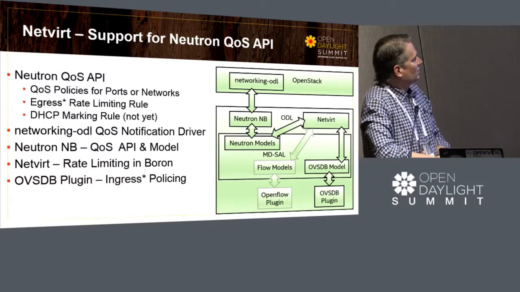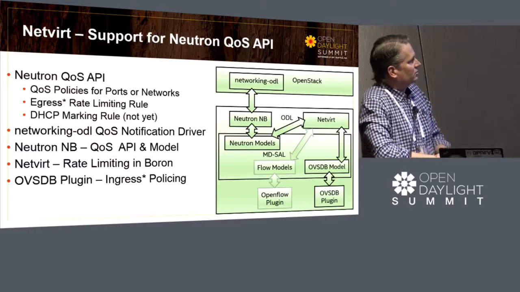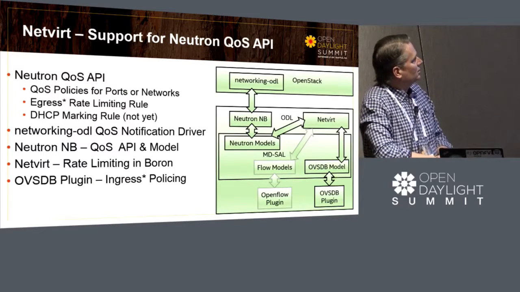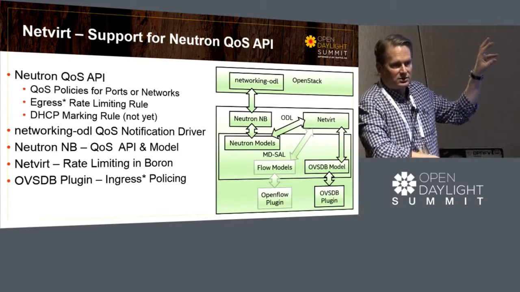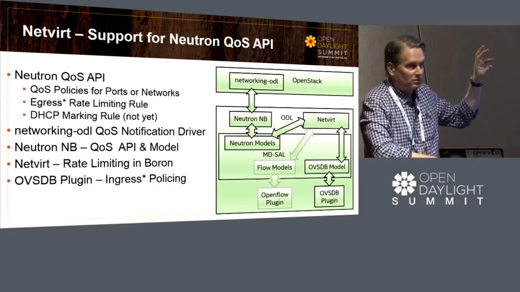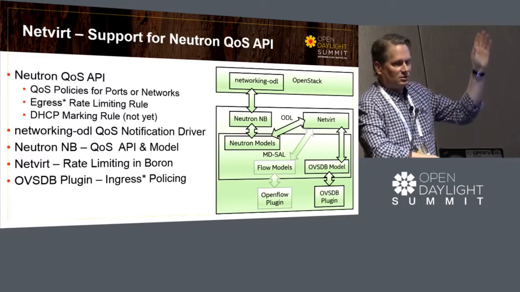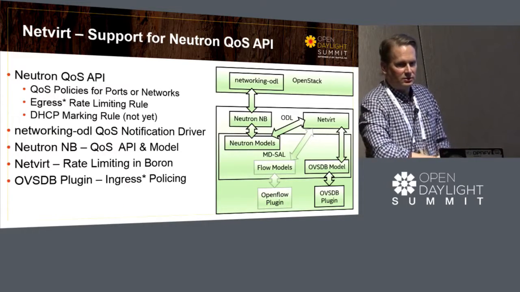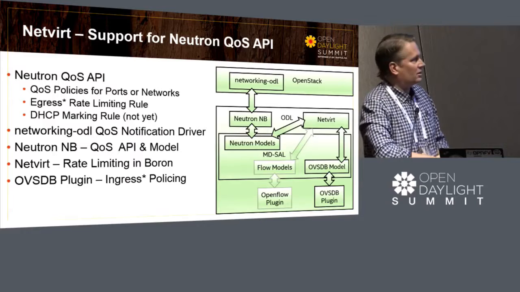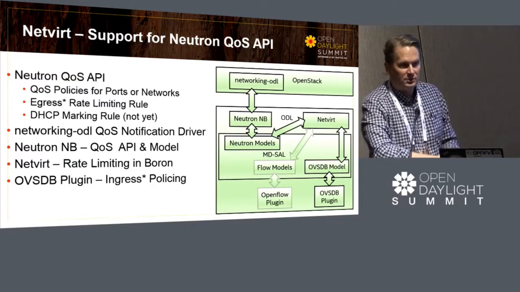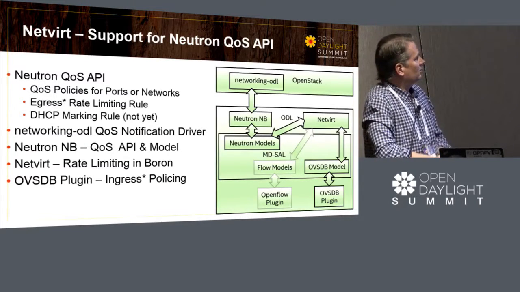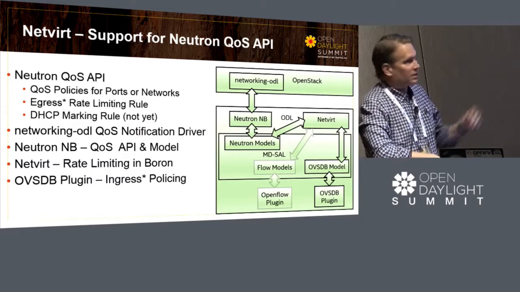And so what was done at least for Boron, is added to NetVirt, listen to the QoS model changes in the northbound, and then make appropriate changes to those associated ports or networks on the southbound using the OVSDB model via the OVSDB plugin.